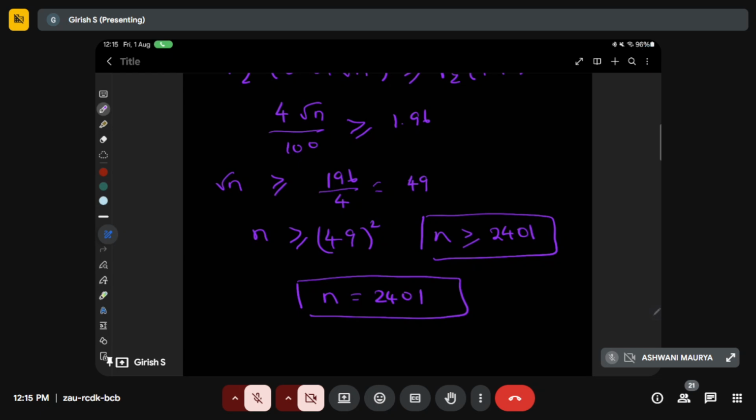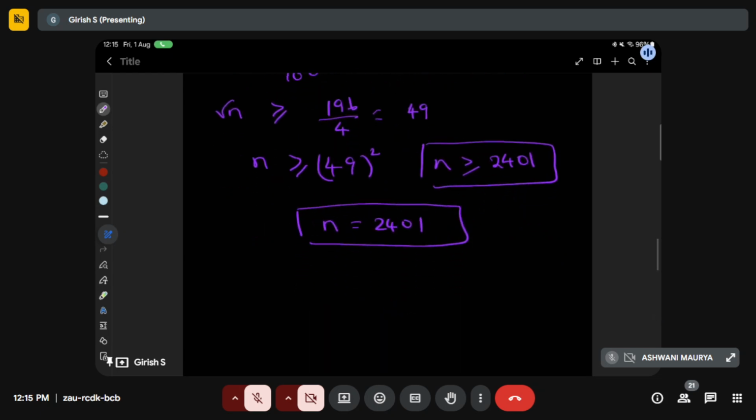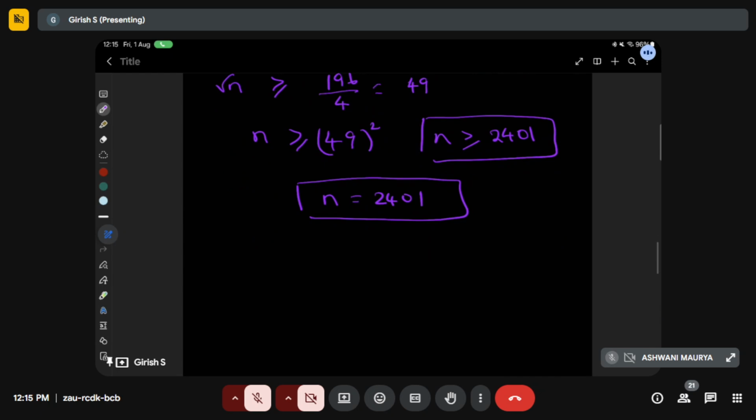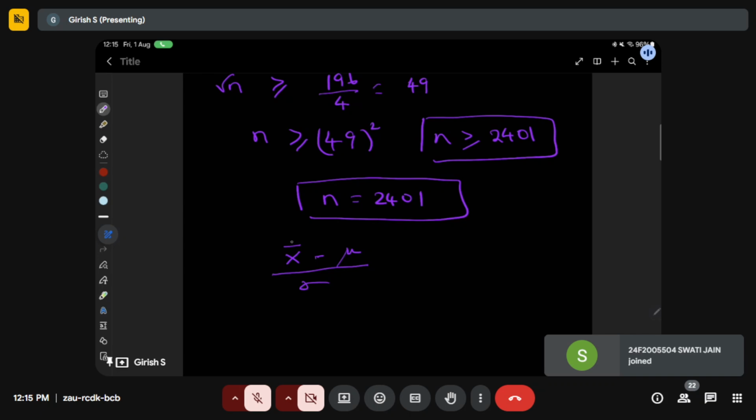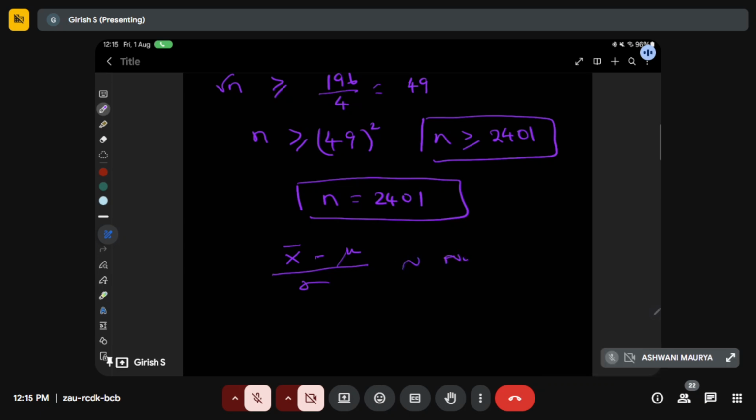So the core concept of CLT that is used here is, if you are given X bar, the question expects you to calculate X bar minus mu divided by sigma, everything with respect to this X bar. This follows the standard normal distribution with mean 0 and variance 1, and that can be represented using the Fz function.